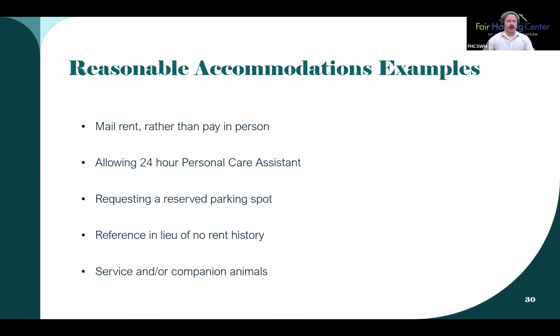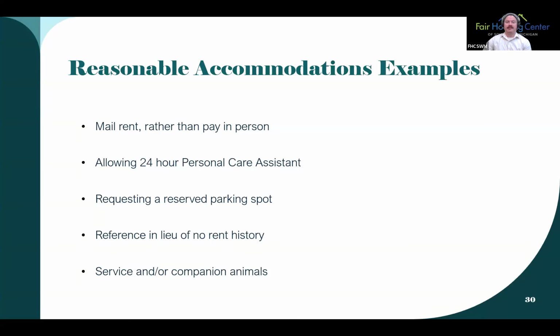Sometimes the number of accessible parking spots as defined by the Americans with Disabilities Act, or ADA, may be insufficient for every tenant who could benefit. A reserved parking spot, usually one that lessens the distance or obstacles between the spot and their dwelling, can help.